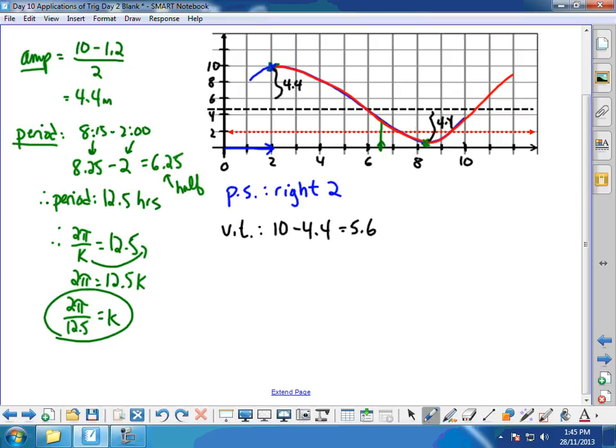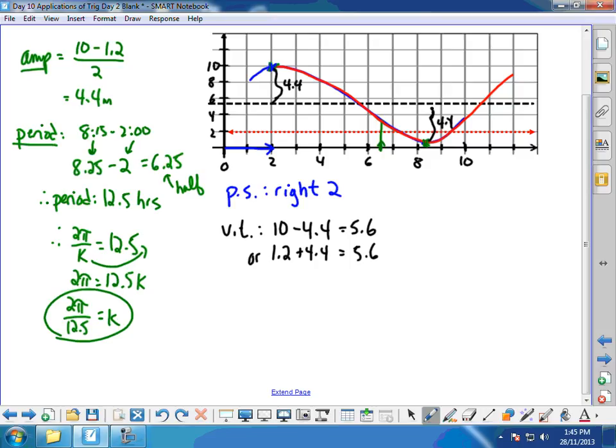I should be able to get it from the low point, which is 1.2, and I add 4.4, I get 5.6 as well. So I apologize for drawing that line at the wrong spot, but there is 5.6. There's the actual middle of this graph, and that looks better.